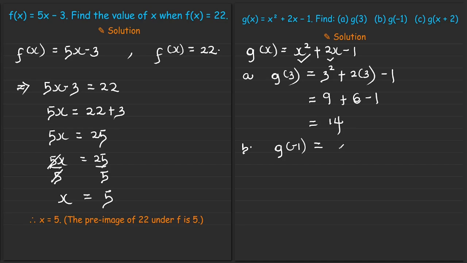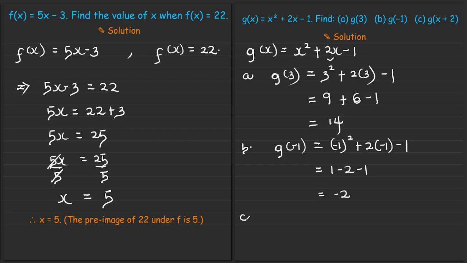Instead of x squared, we have negative 1 squared. Then plus 2 into bracket x, x being negative 1. Then minus 1 at the end. Negative 1 squared gives us 1. Then 2 times negative 1 gives us negative 2. Then we have our minus 1. Simplifying, we have negative 2.